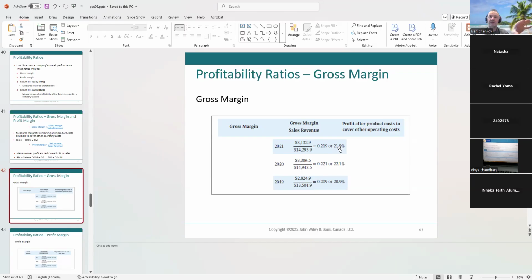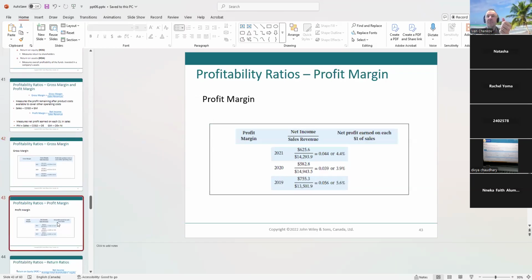Make sense? Yes, it does. But this is only to generate that sales. Now let's see what happens if we add the operating expenses. Once we add the operating expenses, we can see that for every dollar of sales, this company generates only 4.4 cents.